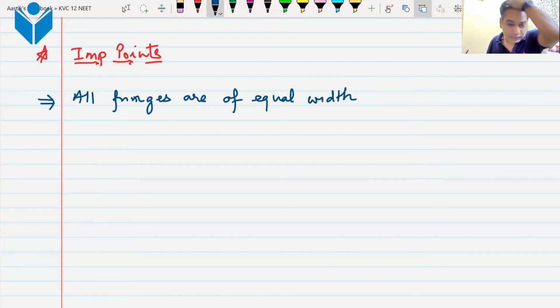So whether you talk about the central fringe, the dark fringes, or bright fringes, all the fringes are of equal width. And what is the fringe width?